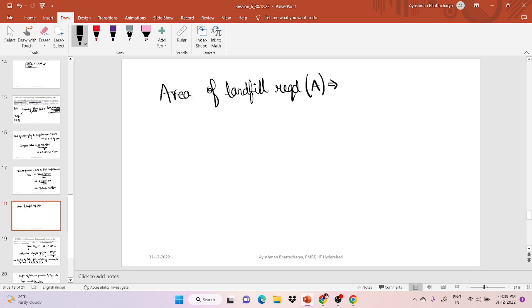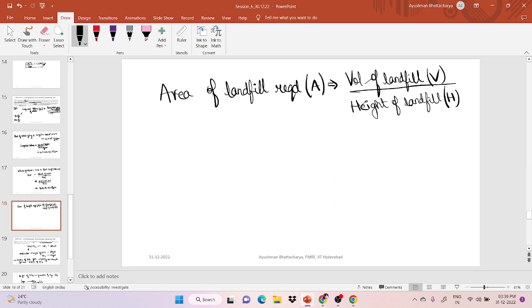Area of landfill required is equal to volume of landfill divided by height of landfill.